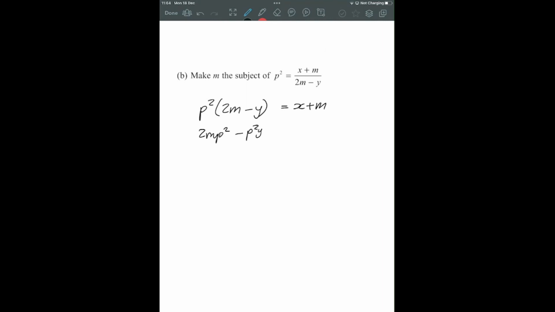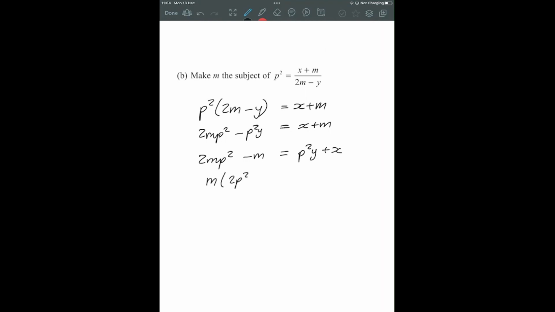Multiplying up by the denominator, we now have a bracket to deal with. Again, you need to make sure that bracket's there, otherwise you're not correct. Expanding that bracket out. Now we get to do the useful thing, which is bringing the m's to the same side. I'm going to subtract m and add p squared y, so that the m's are on the left and everything else without an m is on the right.